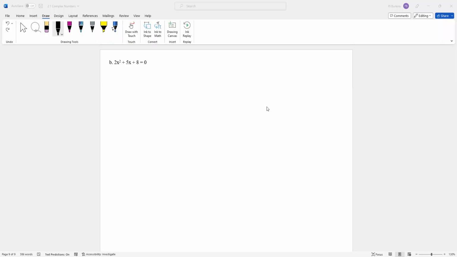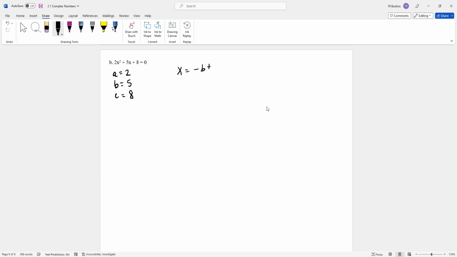All right, here's our last example for complex numbers. This is already in the correct form, so we just need to pull off a, b, and c. A is 2, b is 5, and c is 8. Quadratic formula, right?